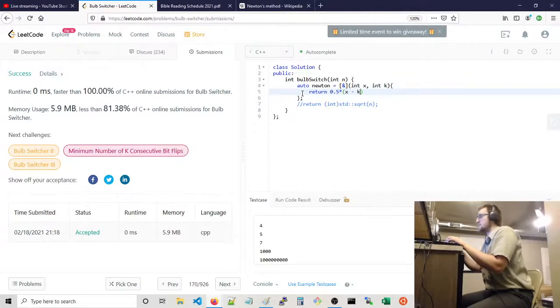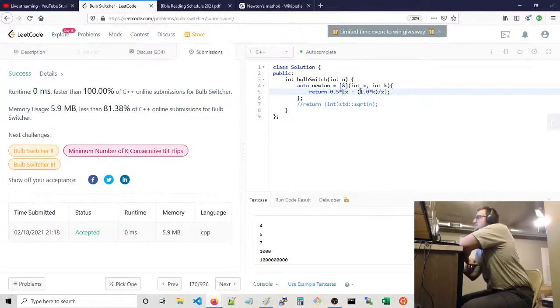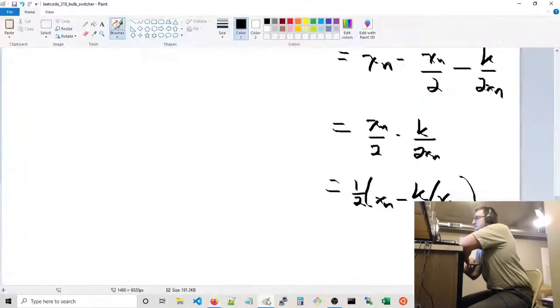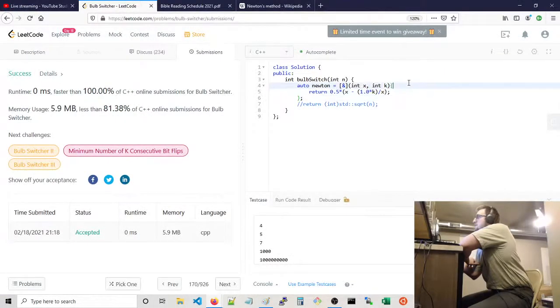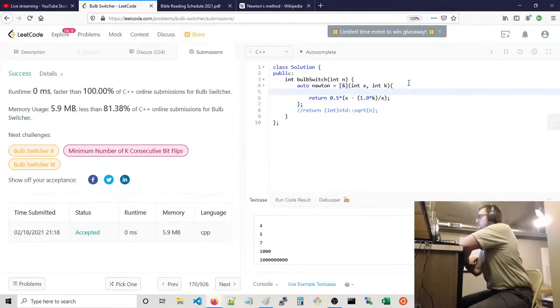K divided by x, 1.0 times k. Right, we just want to make sure everything's in doubles using floating point arithmetic. So k over x, x minus k over x times a half, which is exactly, I think, what we had here, right? Yeah, yeah.